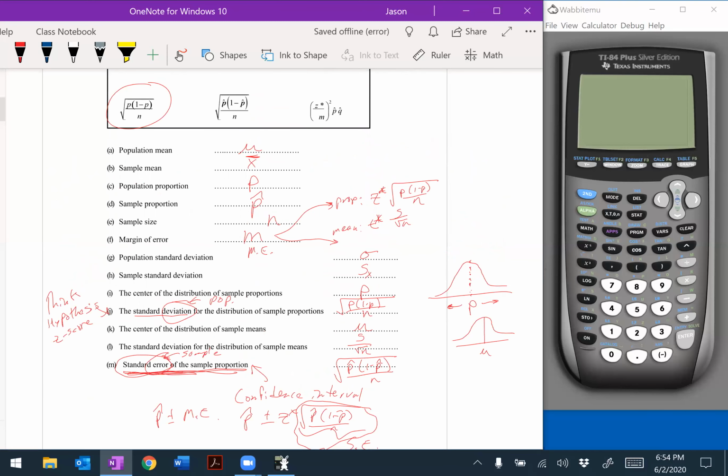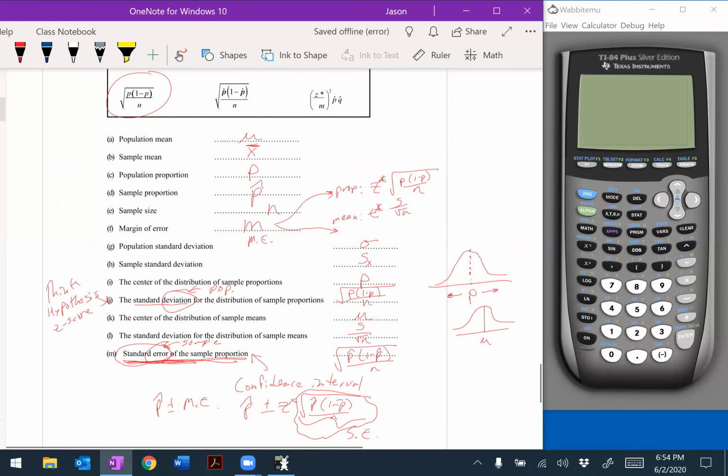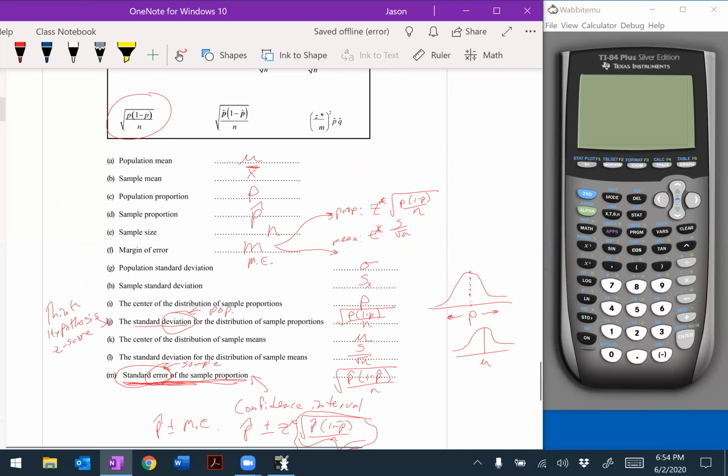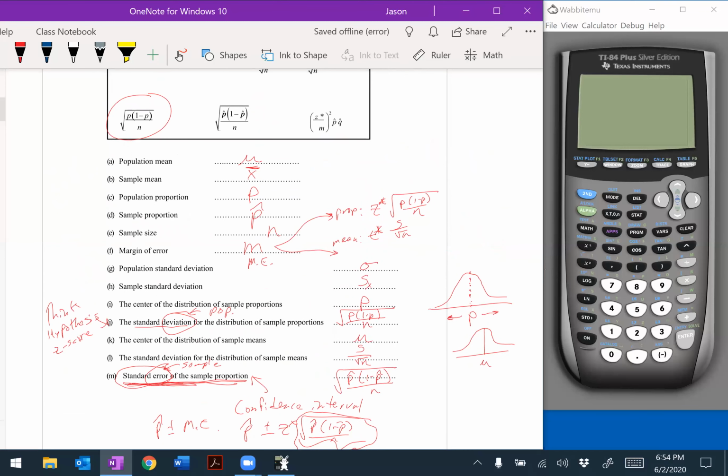Also, Professor, on number A, population mean, the answer sheet uses the U with the long stick instead of the mu that you used.